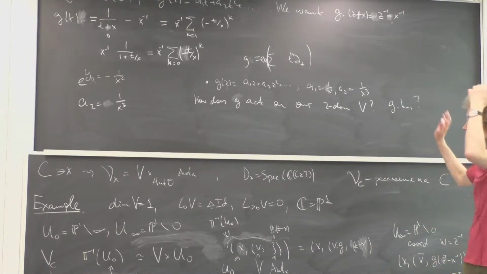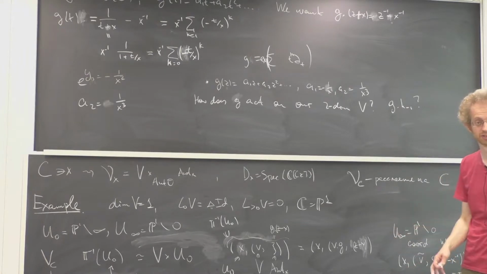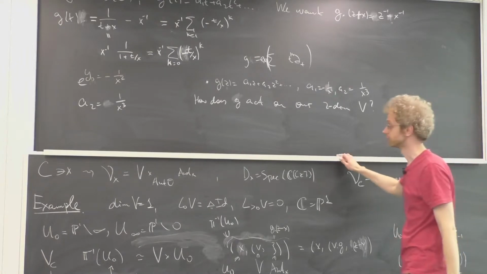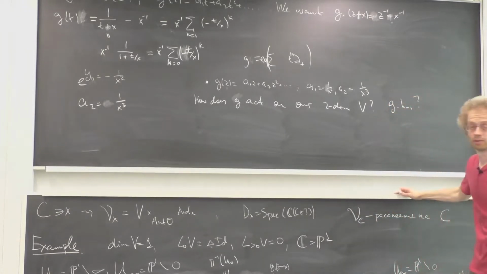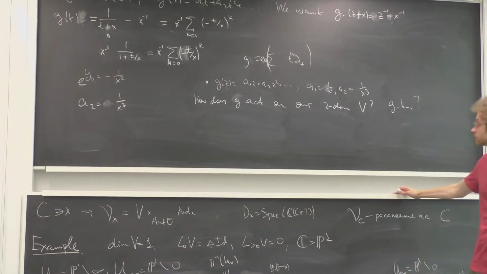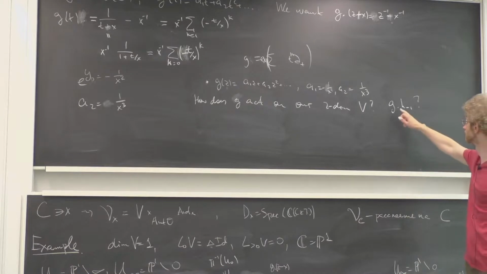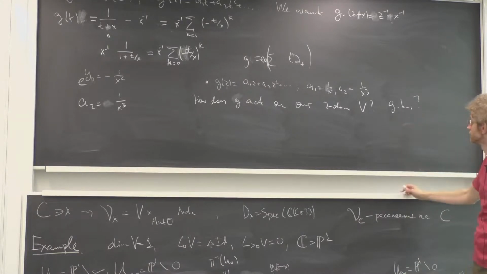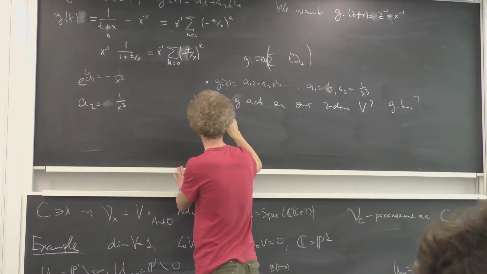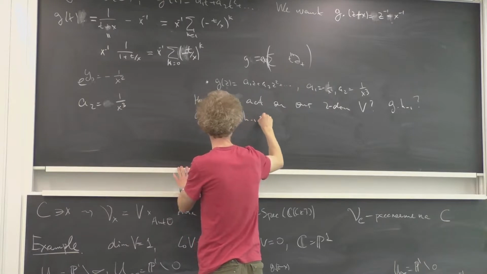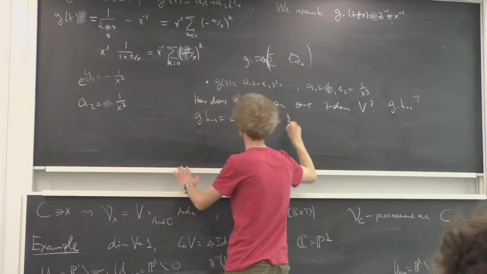So actually we need G inverse, but let's do it later. We want to apply G to H minus 1, yes? And G applied to H minus 1 is something times H minus 1 plus something applied to 1.